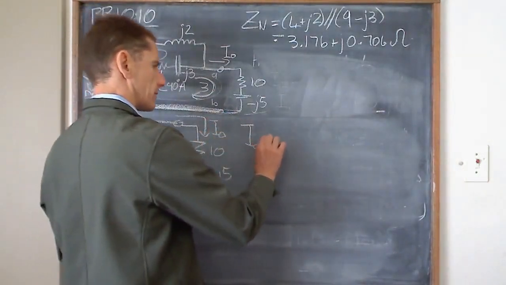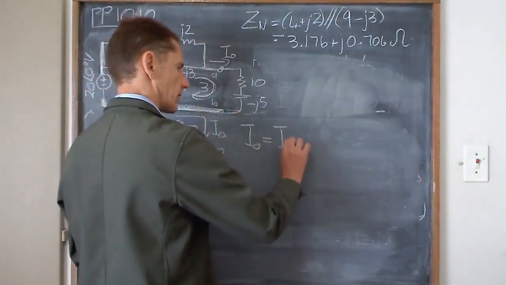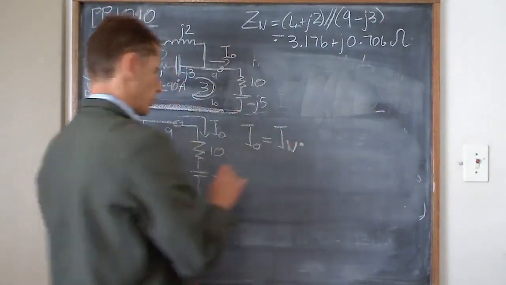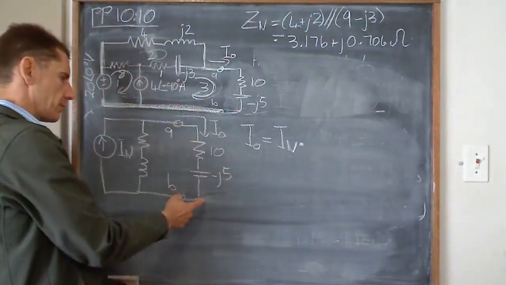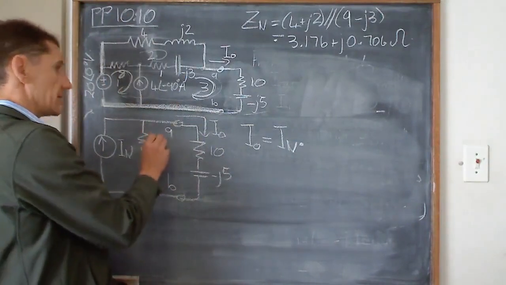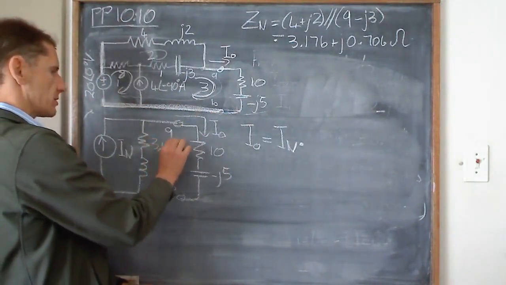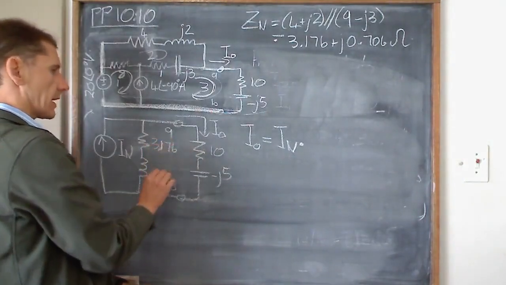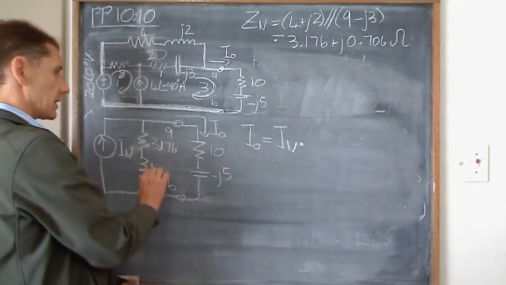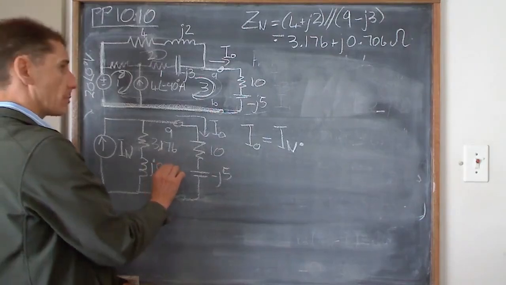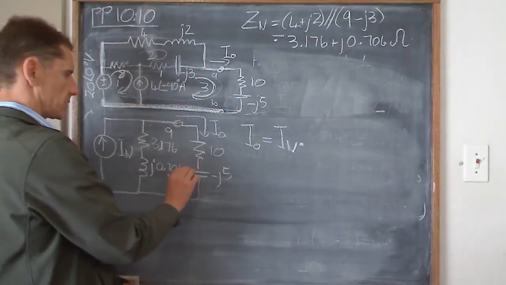So I out is now your Norton current multiplied with, well, I want the current through the output impedance. I know what the Z Norton is. It's 3.176 plus J0.706.